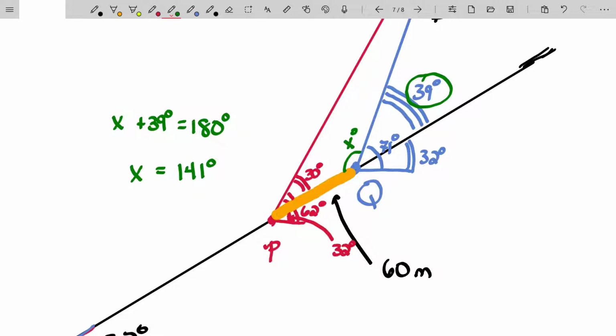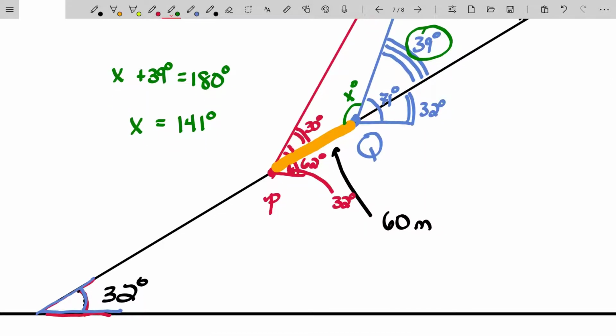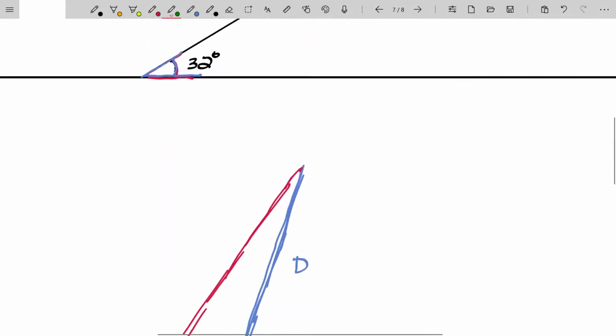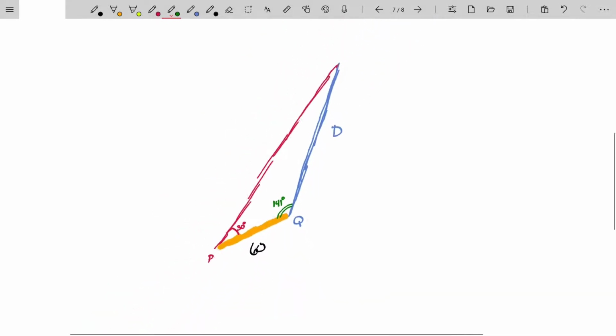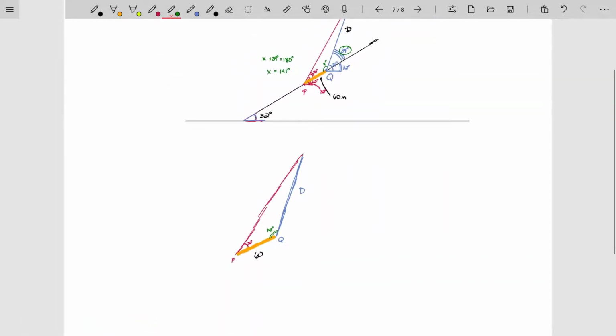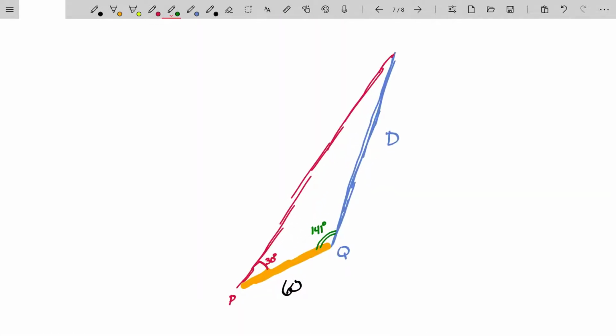I didn't need the degree sign on there. So 141 degrees is what that interior angle is. And notice the reason why I didn't want to stick with that original drawing is because it's an absolute mess now. But this drawing that I have here down below is actually very clean, super clean.